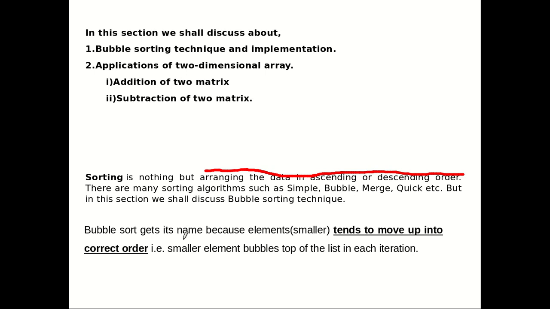Bubble sort gets its name because the elements tend to move into the correct order during swapping. Here smaller elements bubble to the top of the list in each iteration during the sorting process.